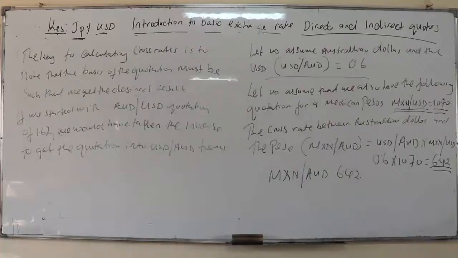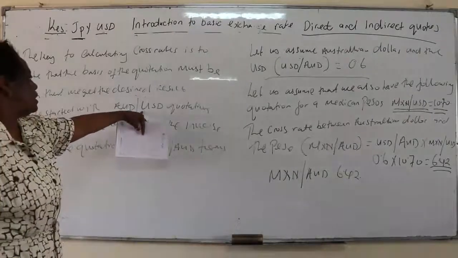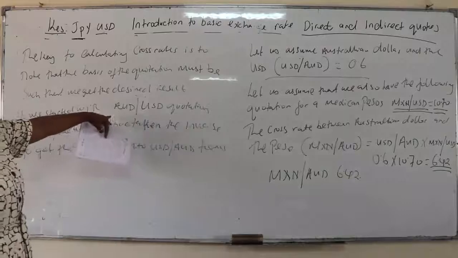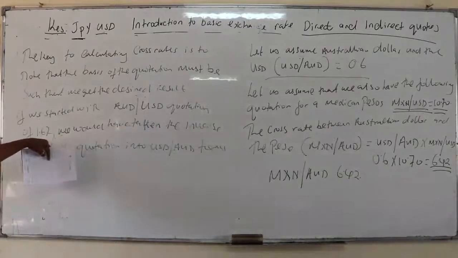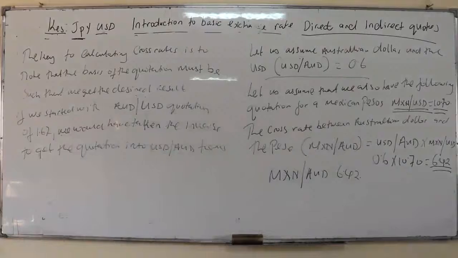So if we started with the cost of the US dollar per each Australian dollar quotation of 1.67, of course, this means that for each US dollar you pay 1.67 Australian dollar.